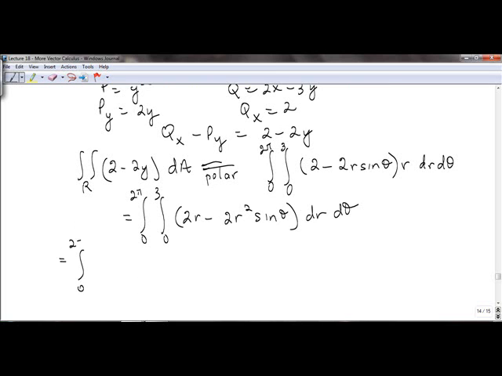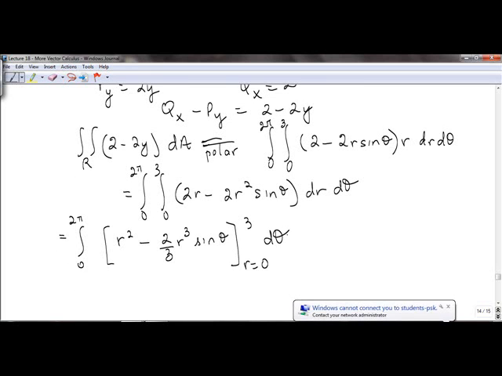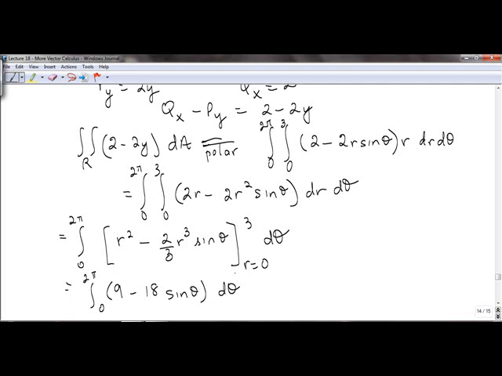0 to 2 pi, this is r squared minus 2/3 r cubed sine theta. R goes from 0 to 3, d theta. When you substitute, you get the integral from 0 to 2 pi of 9 minus 18 sine theta d theta.